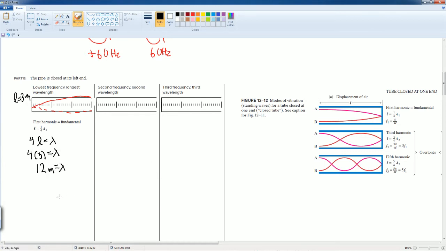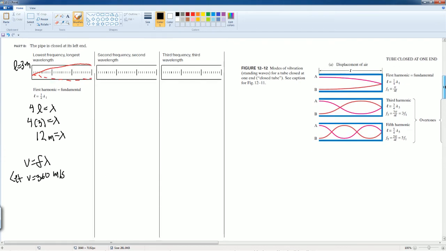All right. And if you want to know the velocity, it is frequency times lambda. We know that the velocity was equal to 360 meters per second. That was what the problem gave us. Okay. And then we have 360 equals frequency times 12. So divide 12 to both sides.